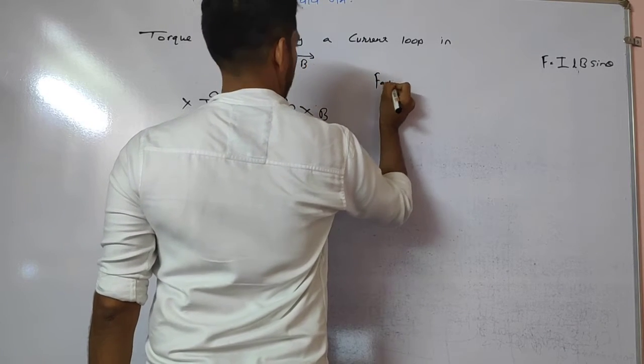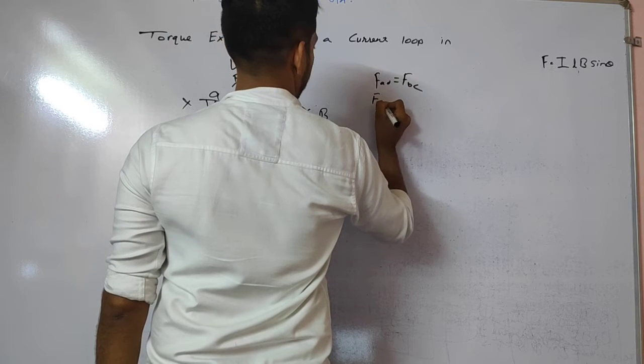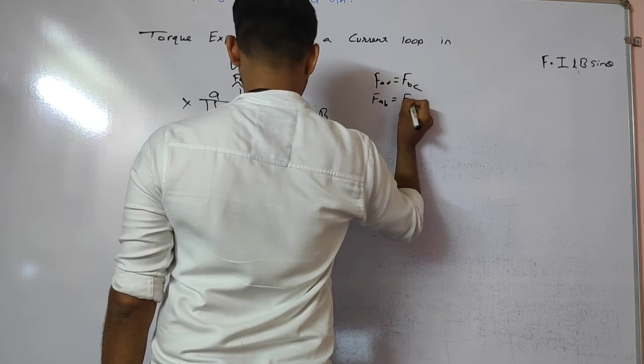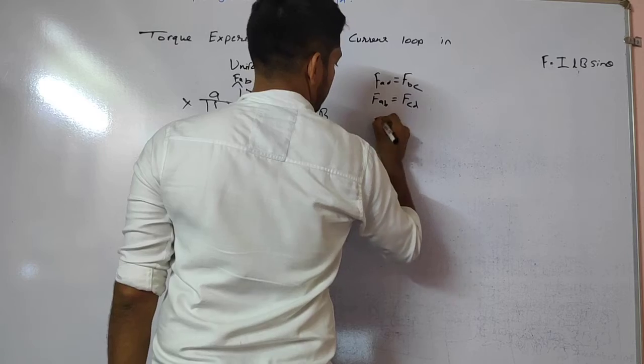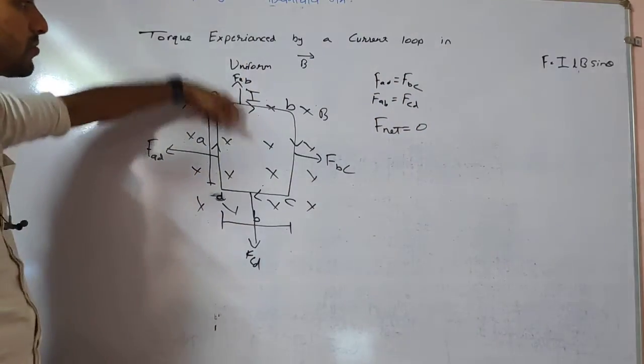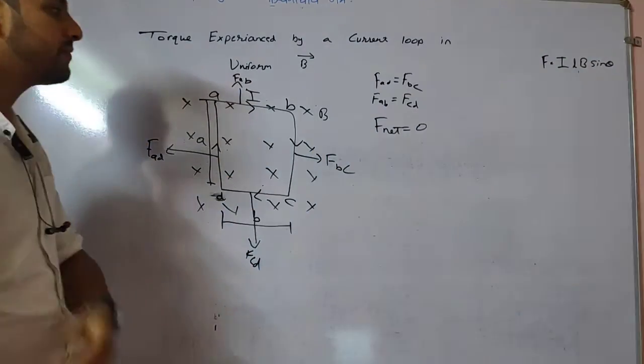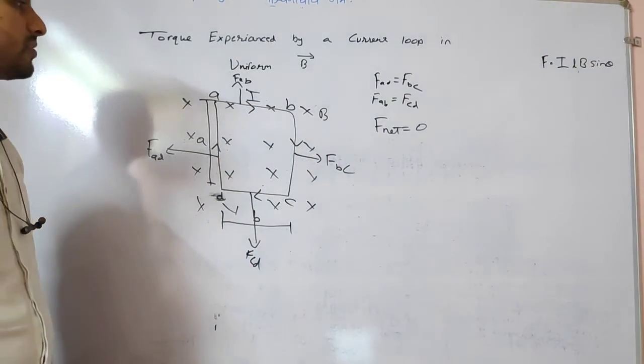FAD will be equal to FBC and FAB will be equal to FCD, which means the net force will be equal to 0, because these forces cancel each other. So the net force on this system will be 0.